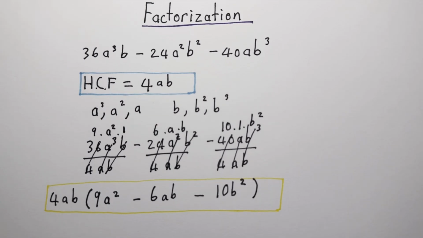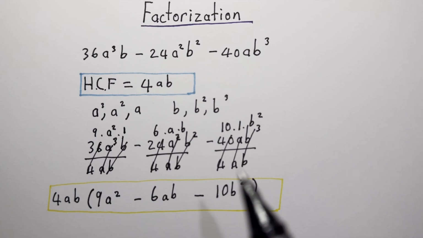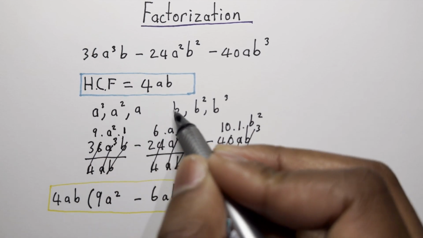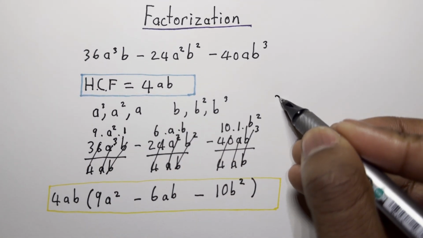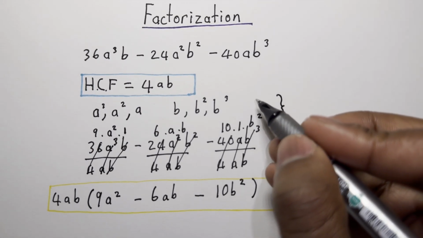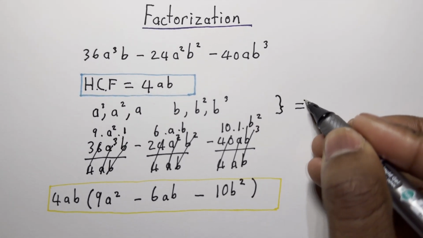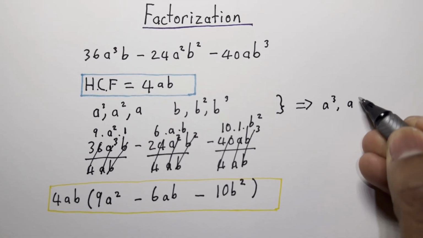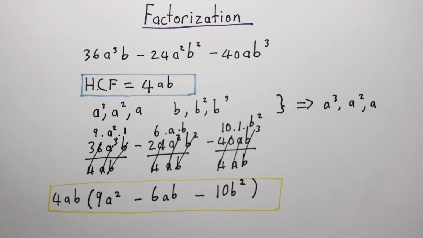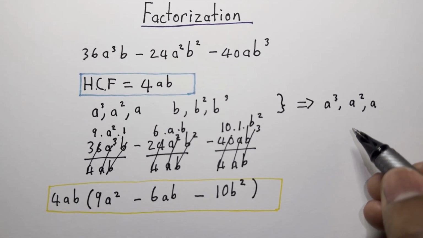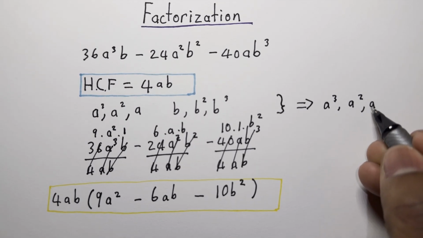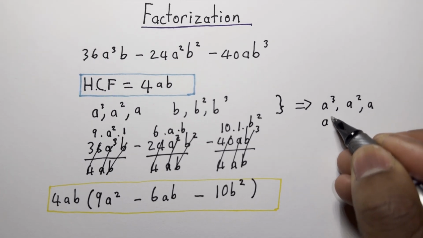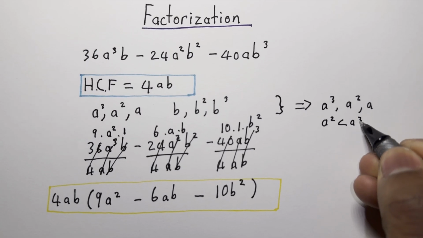Just a small correction to make. For problem number 2, I didn't show working for this section of our problem, and it's always important to show working. So when we have a cubed, a squared, a, to show that we chose the smallest value of a, we have to say a squared is less than a cubed.